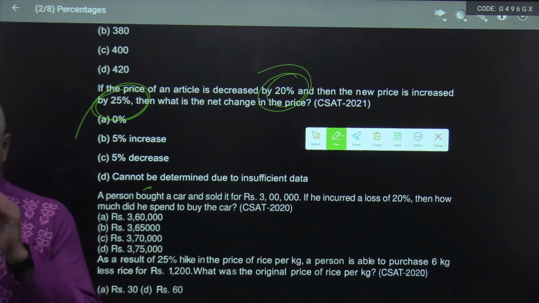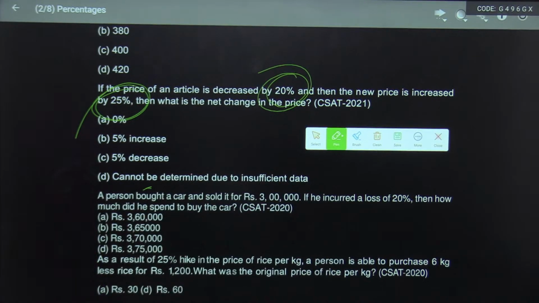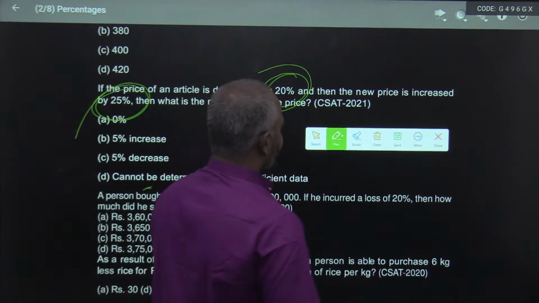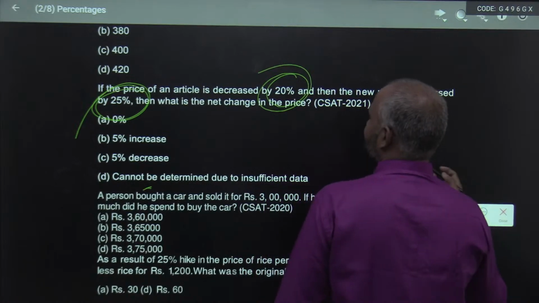Thirty seconds more. So easy that we can just solve it here itself.